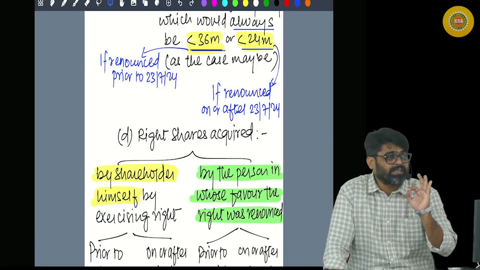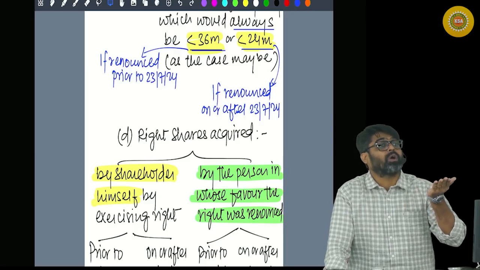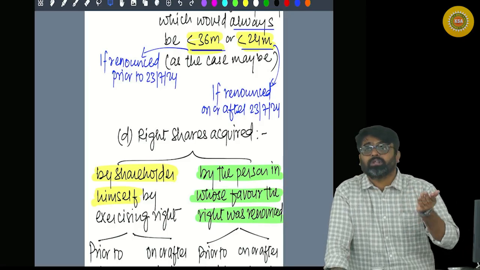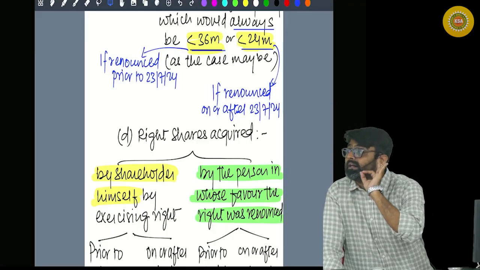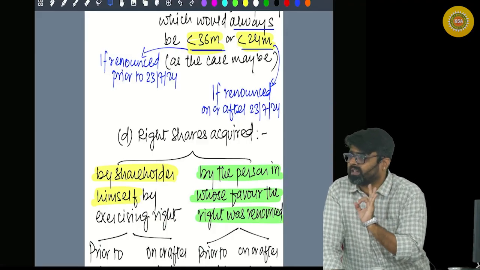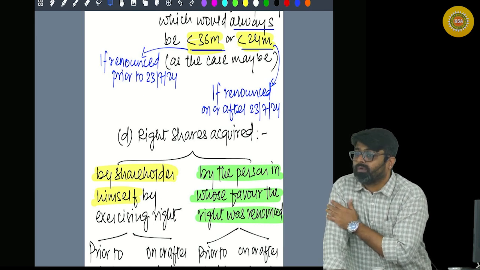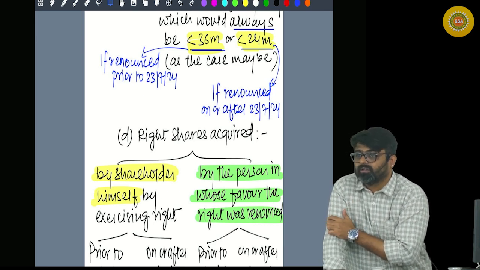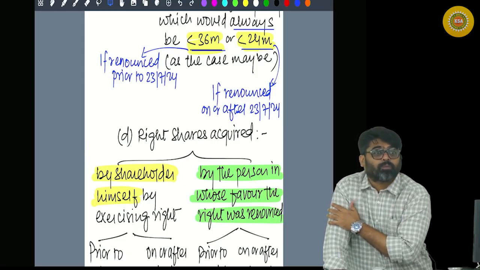For unlisted shares, whether they are purchased shares, bonus shares or right shares, you start holding them not from the date of purchase. You start holding them from the date of allotment.